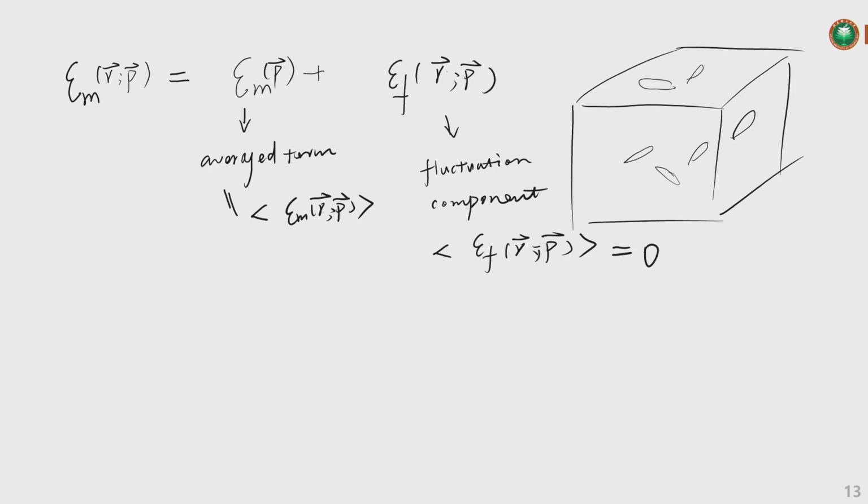Because it has many kinds of randomly distributed, so the mean of it is 0.